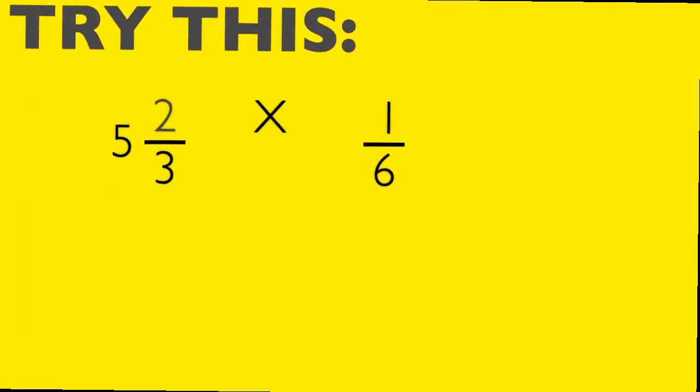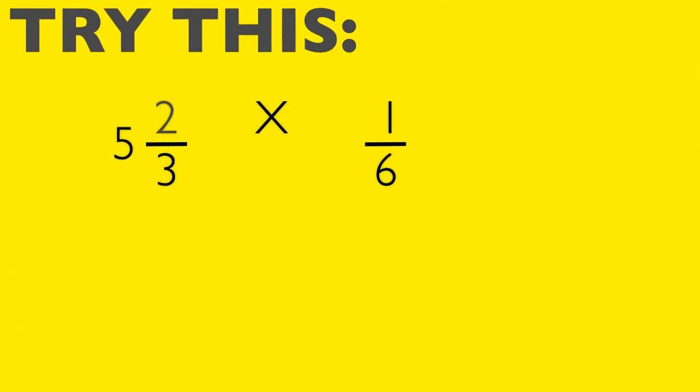Try this one on your own. 5 and 2/3 multiplied by 1/6. Looks tricky, but I know you can do it. I'll give you a couple more seconds. Alright, let's solve. Remember, the first thing we should do is convert our mixed number to an improper fraction.